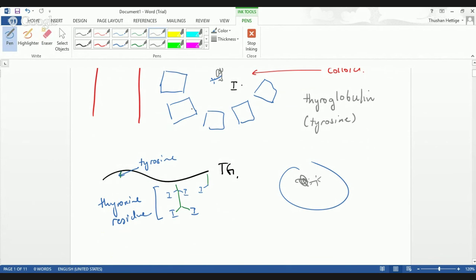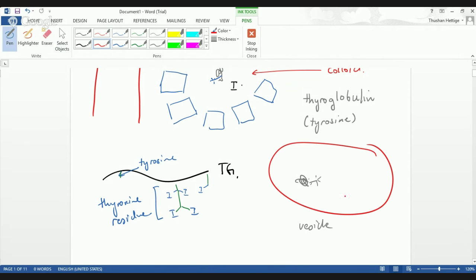Then this vesicle will fuse with the lysosome, because we need to break up the thyroglobulin to release the thyroxine. So you form a secondary vesicle whereby you then cleave off. You chop up the thyroglobulin because the lysosome contains proteases, and then you release all your little thyroxine molecules.